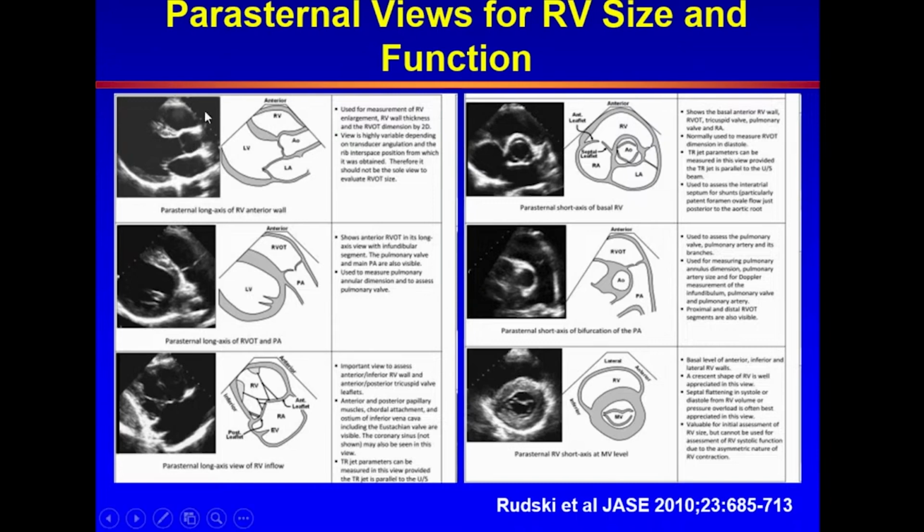Sometimes if we see flow here by color Doppler reflecting flow in the chamber, and that's about what we get from that view.